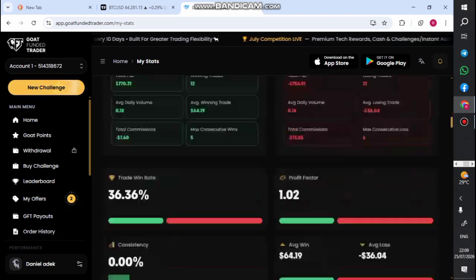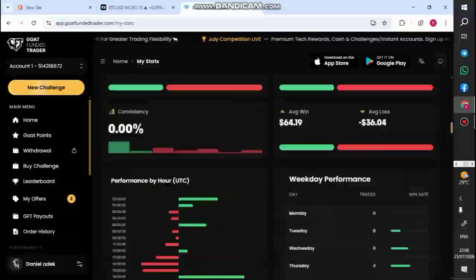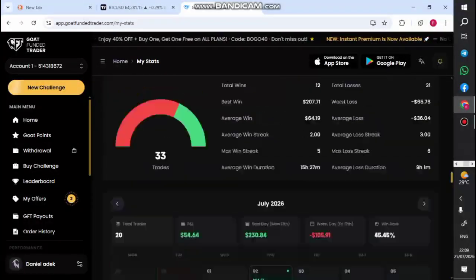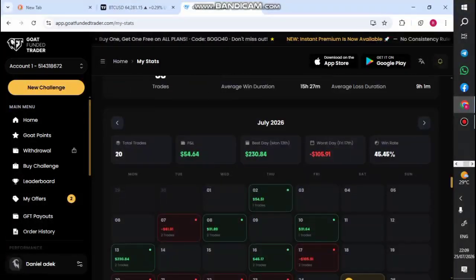In this account, I had 21 losses, just 12 wins, zero break even. I'm losing on this account. How could somebody have 21 losses and only 12 wins? In this account I've made a lot of losses. Yeah, so my trading performance is very low.